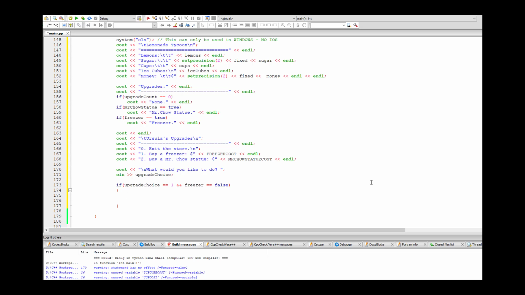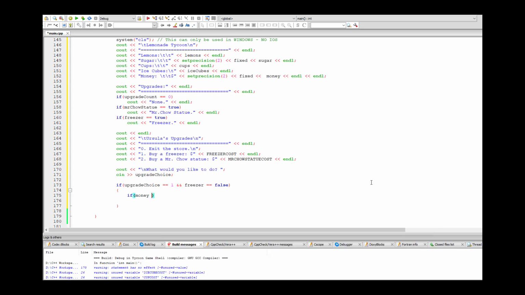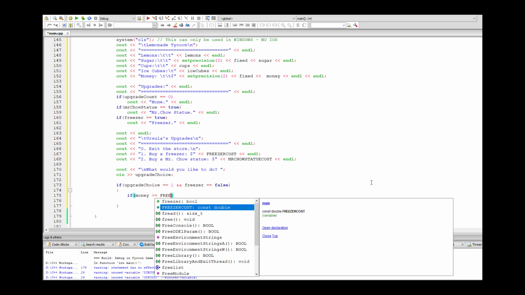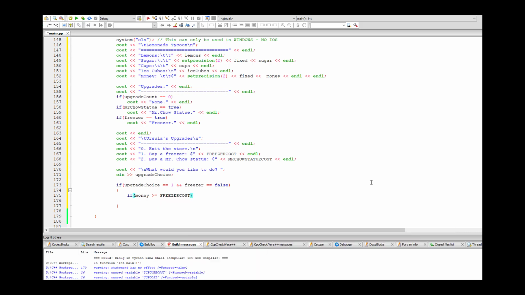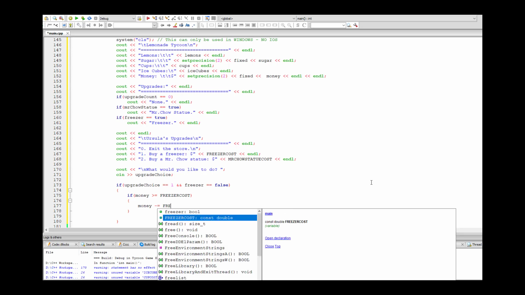Okay, so first thing we're going to do is when we get in there, we're going to say if money is greater than or equal to the freezer cost, that means they can afford it. Then we will say money minus equals freezer cost.